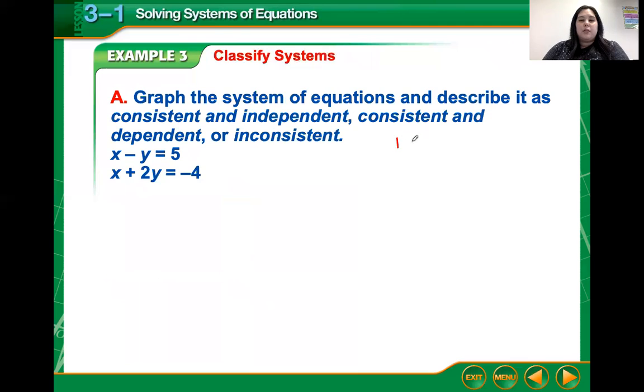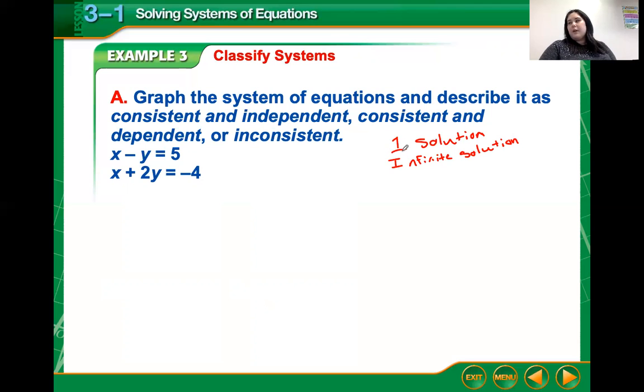We either have one solution, and then we have infinite solutions, meaning they're exactly the same line. And these will just both be consistent. Now, if it's inconsistent, it's just going to be no solution. So we're going to take a look and identify which one's which as we go through.